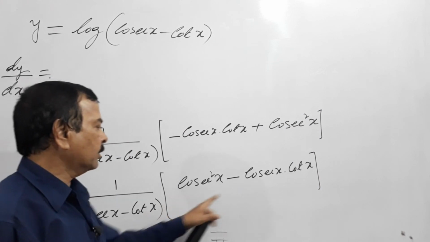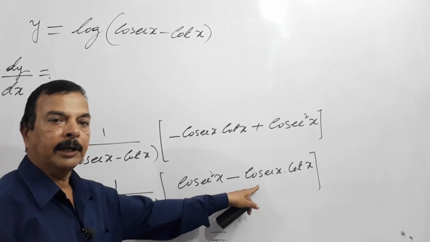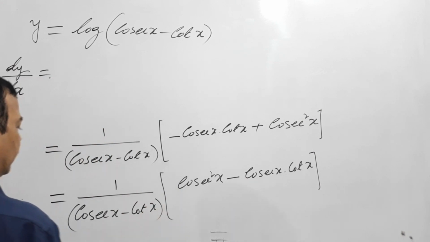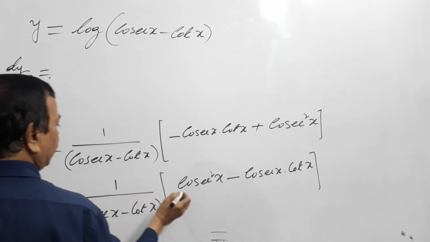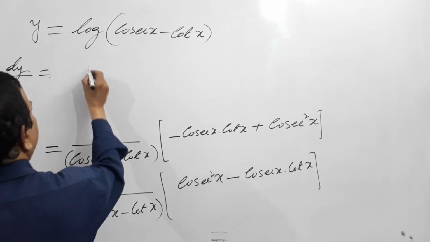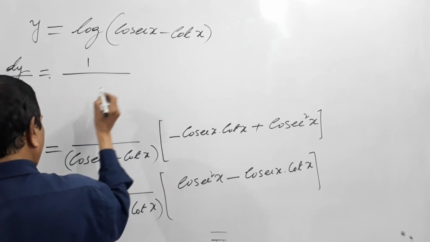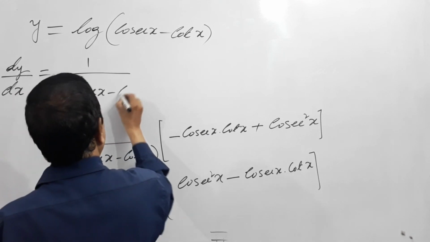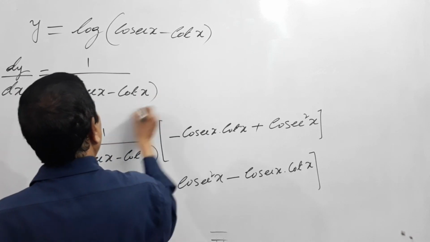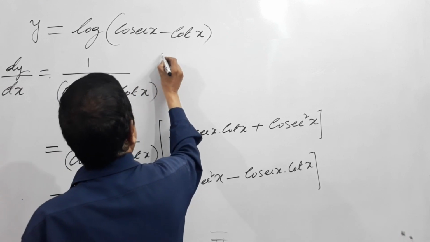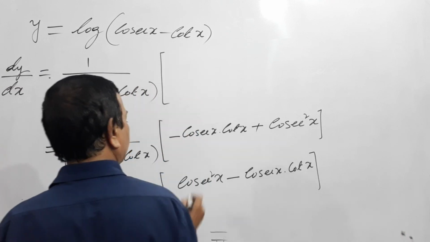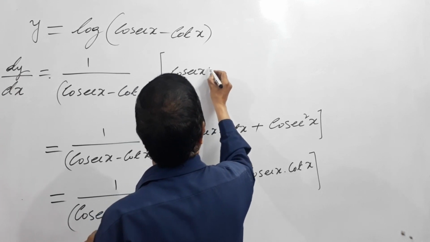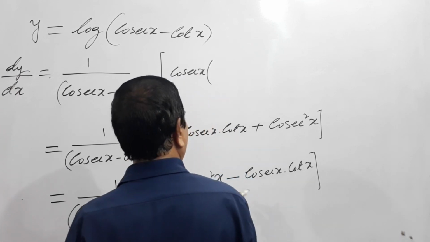So now what is common in this? Cosecant x is common. So I'll take that cosecant x outside. So first I'll write this as it is, that is 1 by cosecant x minus cot x. So I'll take cosecant x common.